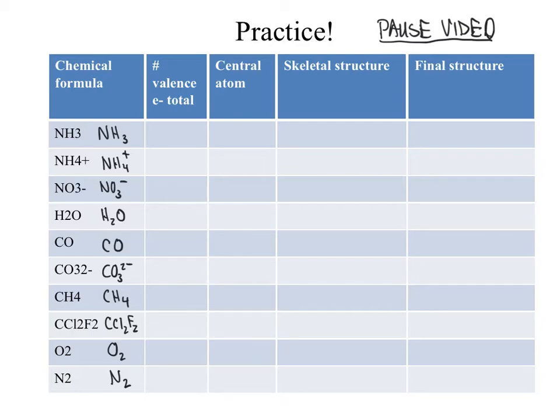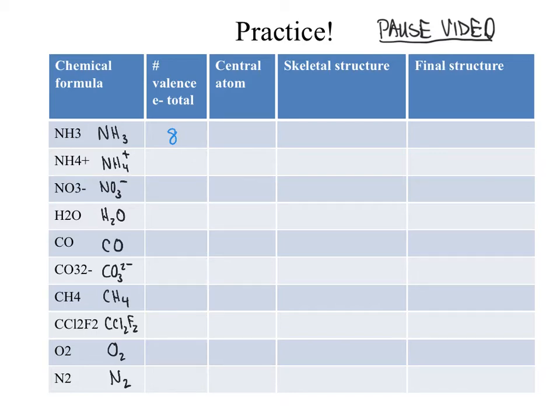Okay, so let's do the number of valence electrons for each of the structures first. Nitrogen is in group 15, so it has 5 valence electrons. Each hydrogen has 1, so 5 plus 3 is 8 for ammonia. Ammonium has 1 more than that: 5 for the nitrogen, plus 4, 1 for each hydrogen, so that's 9.